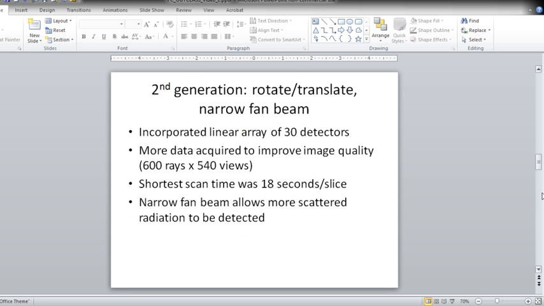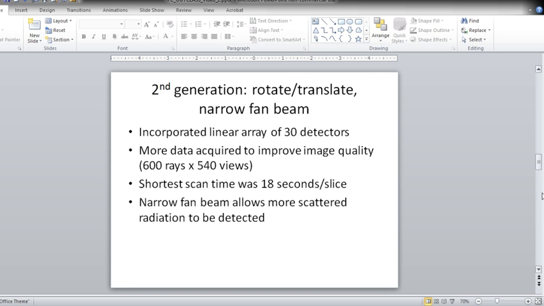Now coming to the second generation, the source and detector movement here is translate then rotate. The type of source we are using in the second generation is a narrow fan beam. The number of detectors is 30, arranged linearly. So more data is acquired, which can improve the image quality.